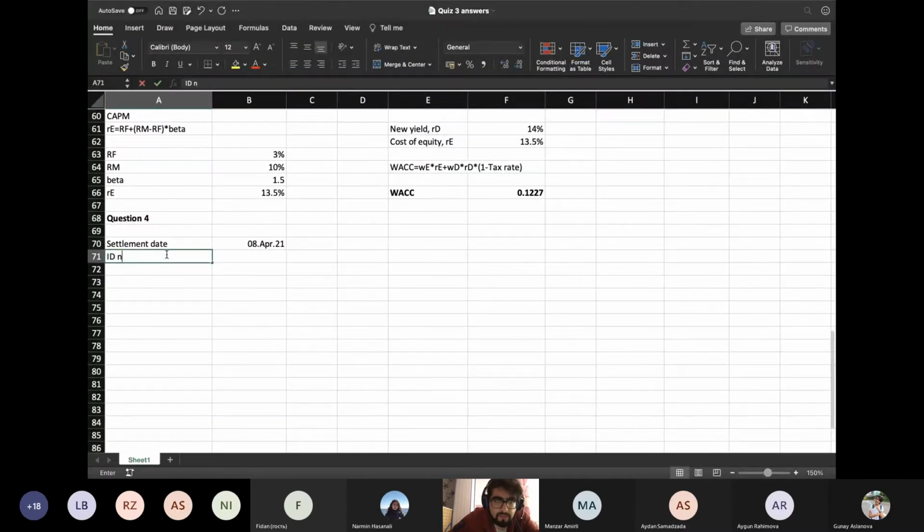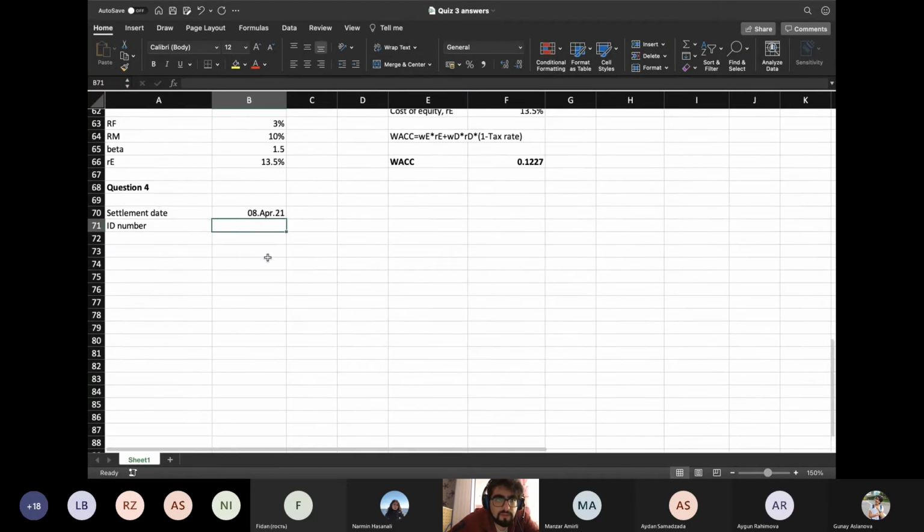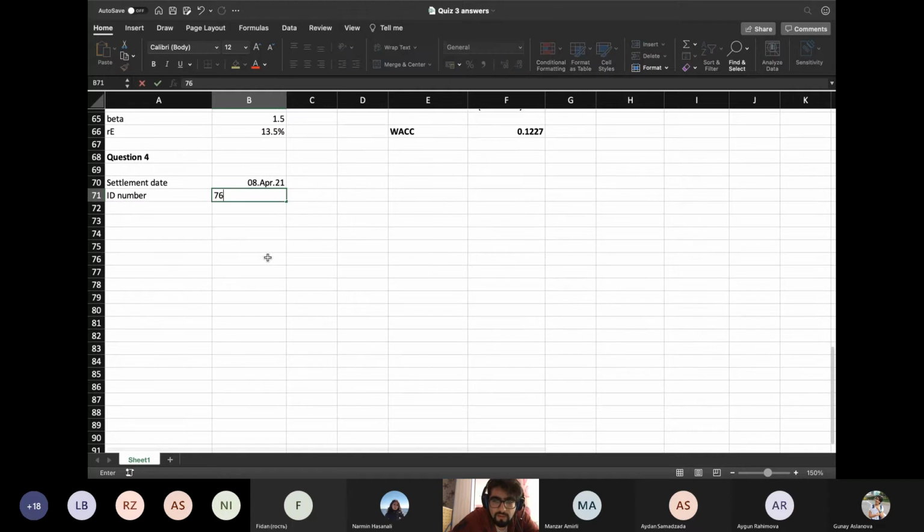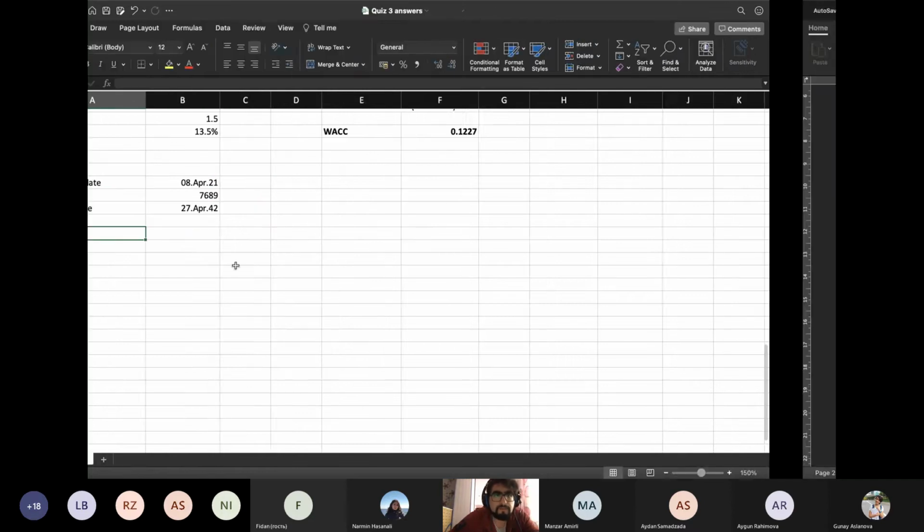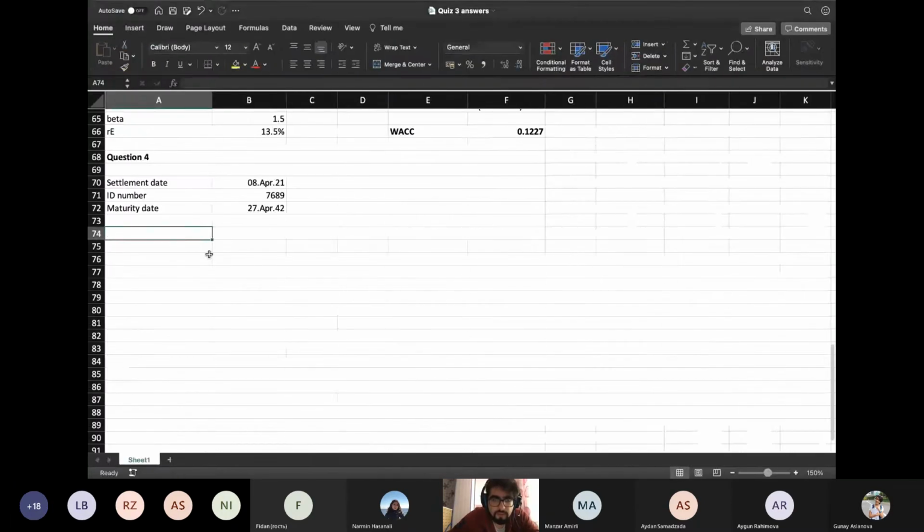We have ID number. The previous ID number, what was that? So maturity date. Annual coupon rate.